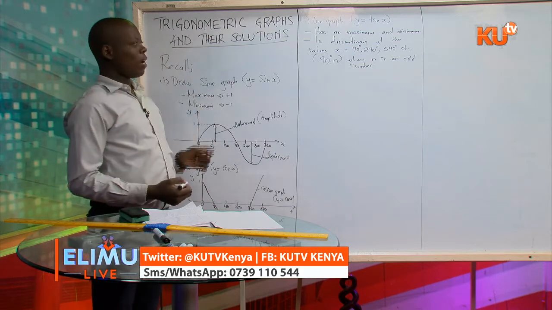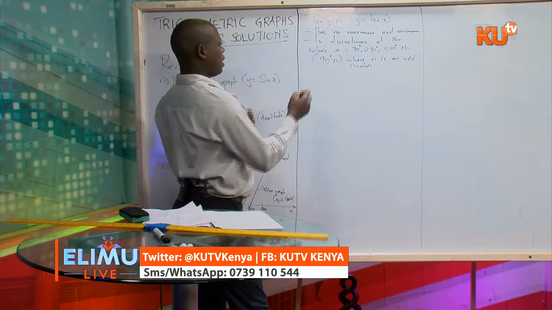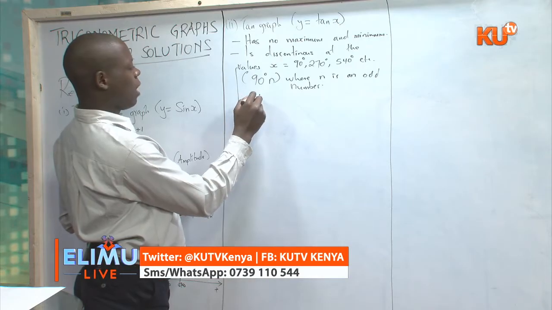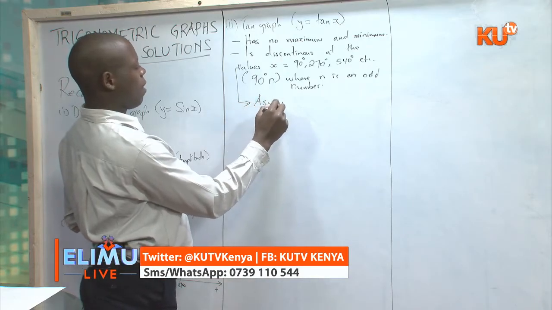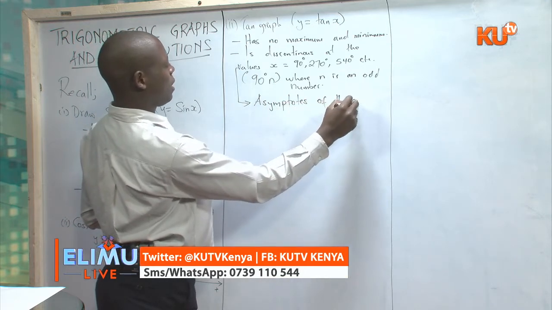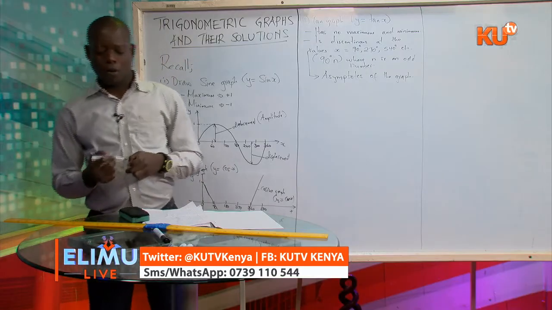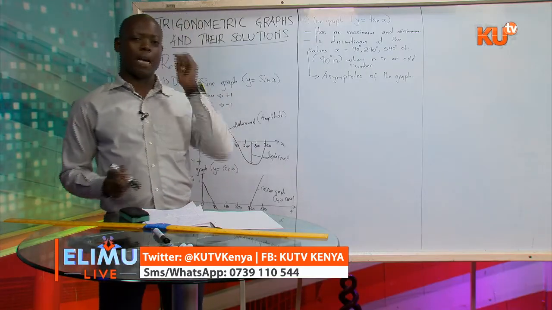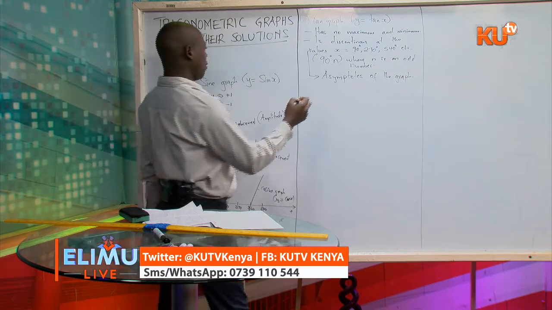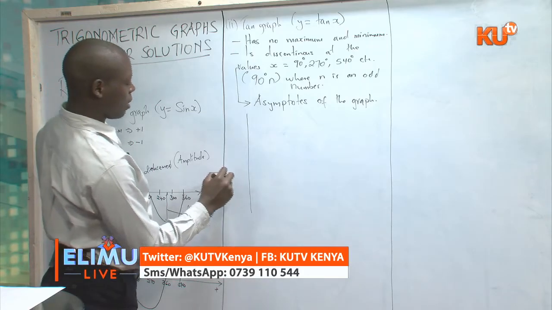And the reason why we say it is discontinuous at this point is that these values attribute to what we call asymptotes of the graph. That's why the tan graph is usually referred to as the asymptotic graph of the trigonometric ratio tan.